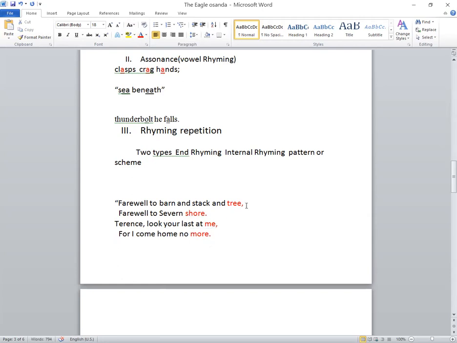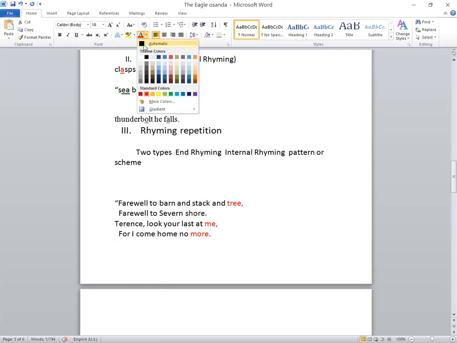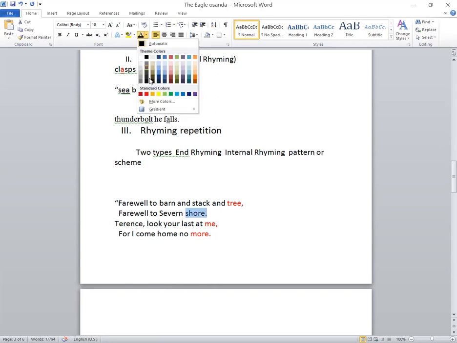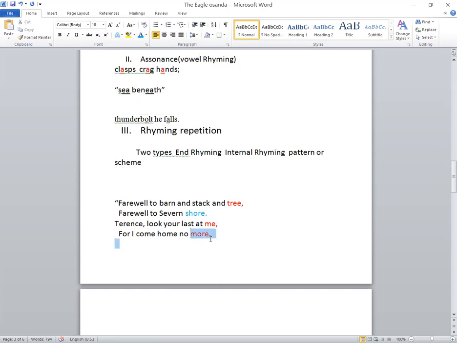Right. Now tree. What is the initial letter you give? What do we start with now, to find the pattern? A. A. Right.